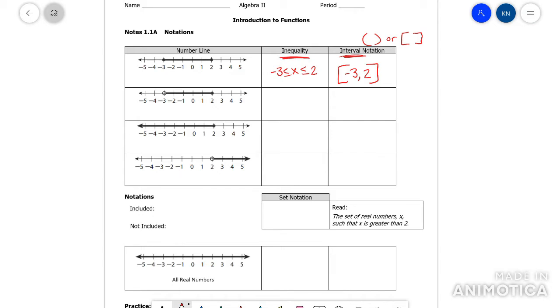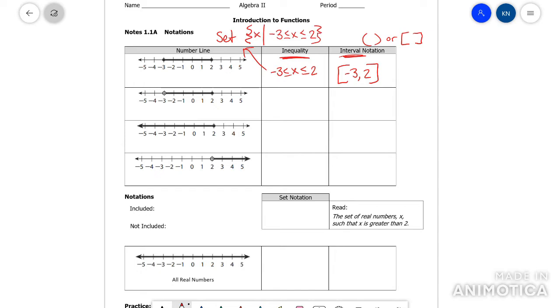You just kind of put something in front of it. So like if I needed to write this particular inequality in set notation, you just write a squiggly, X, line, and then you copy the inequality again. And then you close it with the squiggly.